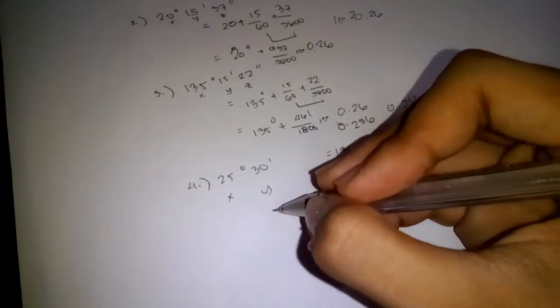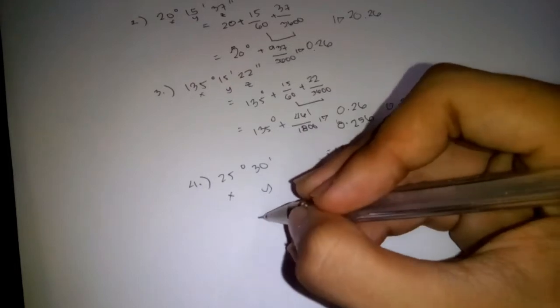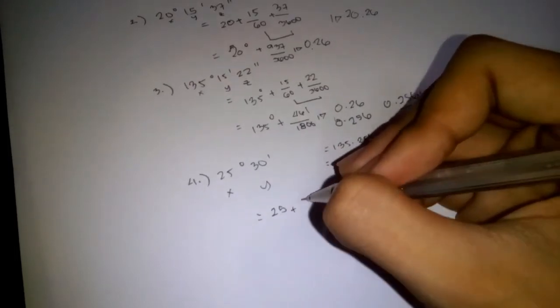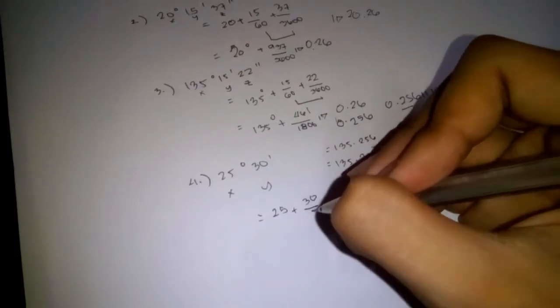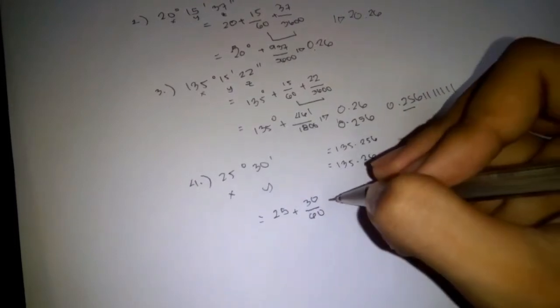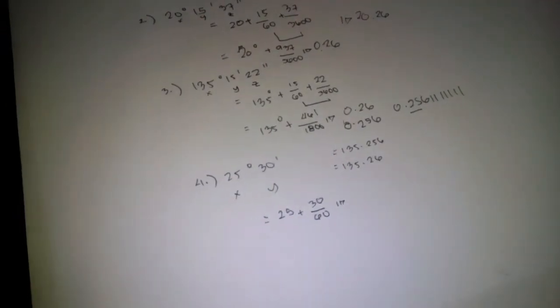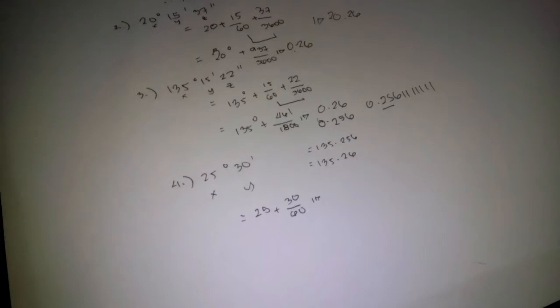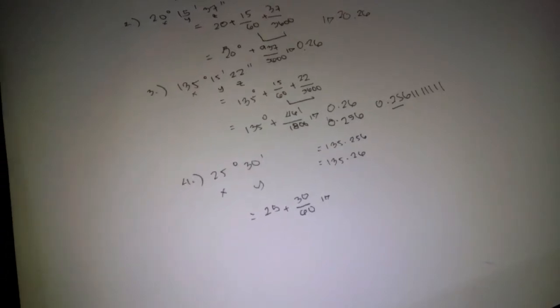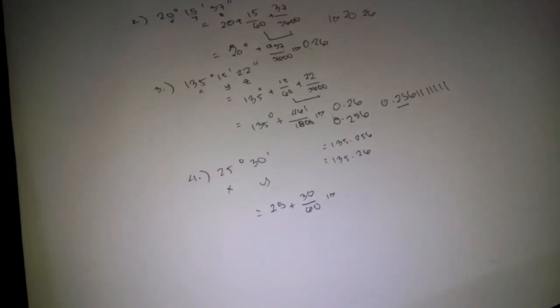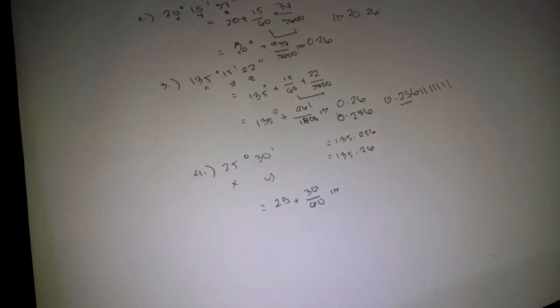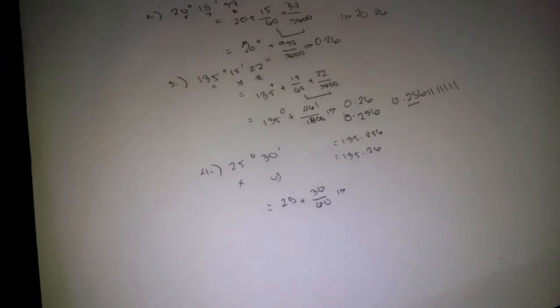So 25 plus 30 over 60. Convert 30 over 60 to decimal.